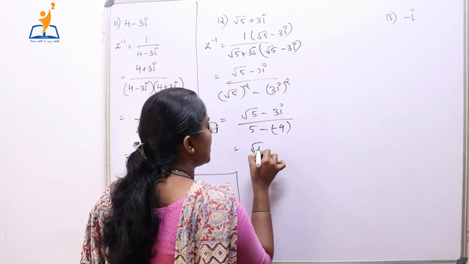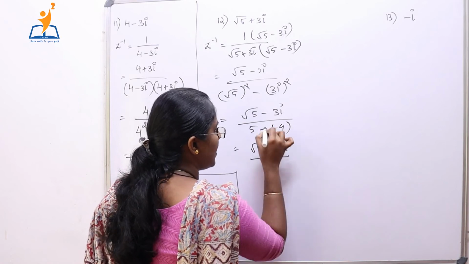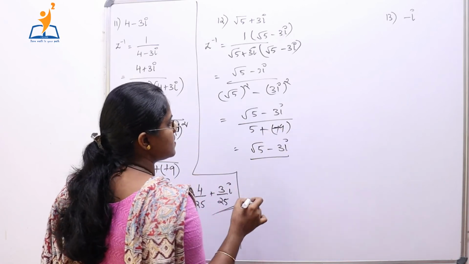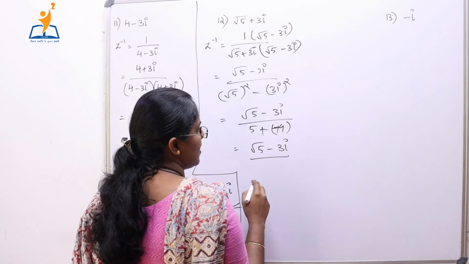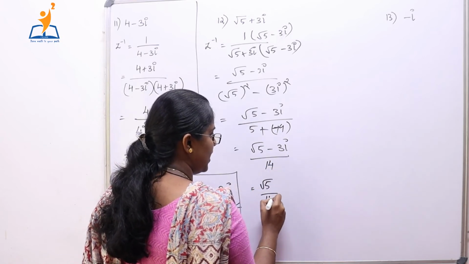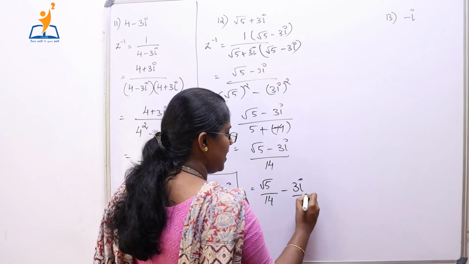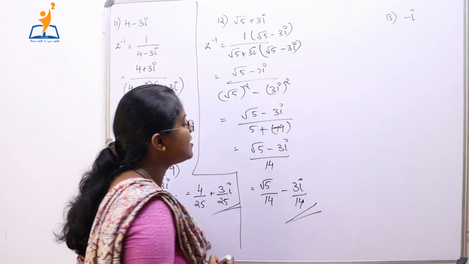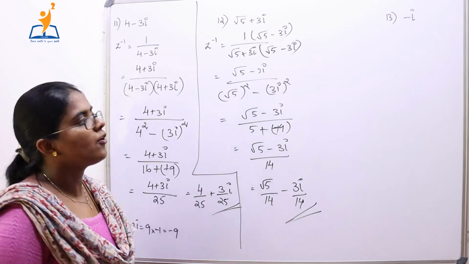So it is root 5 minus 3i divided by, minus and minus become positive, so 5 plus 9, which is 14. So it will become root 5 by 14 minus 3i by 14. So this is the inverse of this particular complex number.